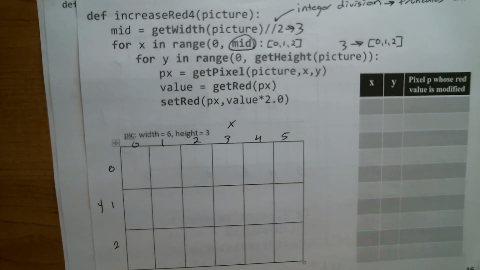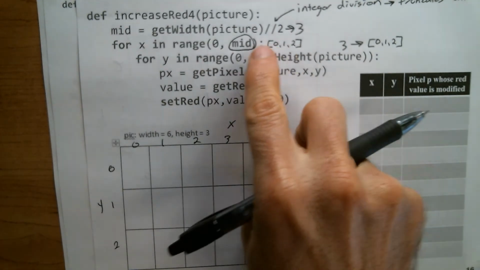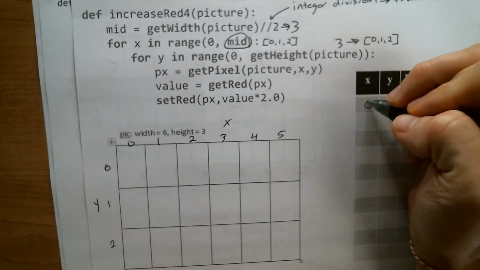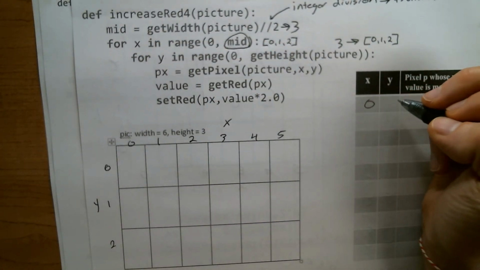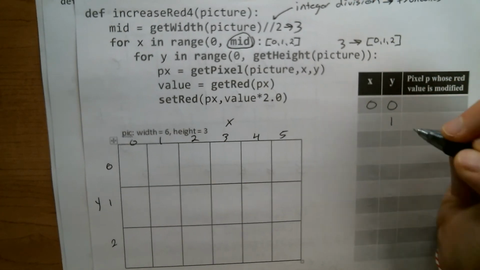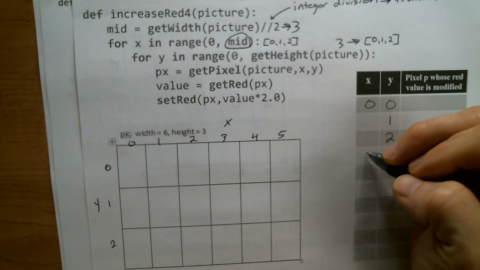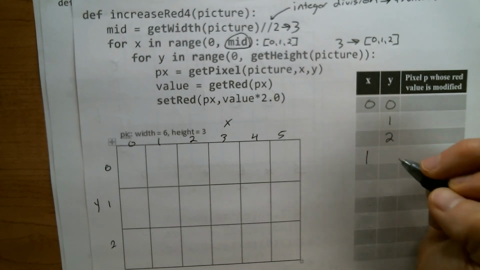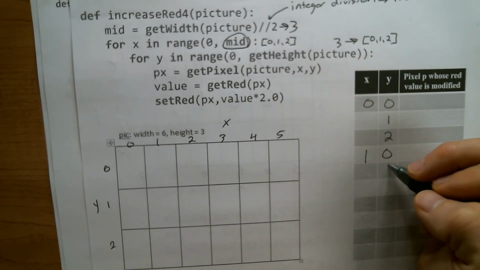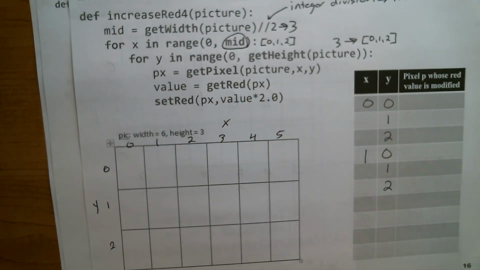Now, as far as how we move through the picture, you have to make sure you're paying attention to the outer loop versus the inner loop. So the outer loop is our x, so that's going to stay 0. And then our inner loop is going to go 0, 1, 2. Once that finishes, our outer loop is going to go up. And then our inner loop gets reset and goes 0, 1, 2.